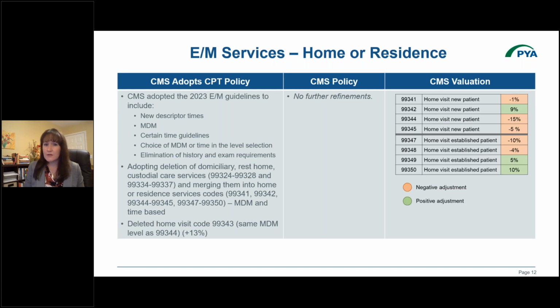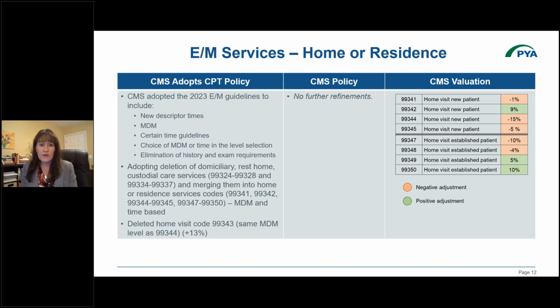For the home or residence services, the guidelines again have been changed, but now we've lost the section that used to be called domiciliary, rest home, and custodial care services. So those have been deleted, and all the home care or residence codes are one, similar to the inpatient and observation. Now we have one set of codes for all of this, and they will be medical decision making or time-based.